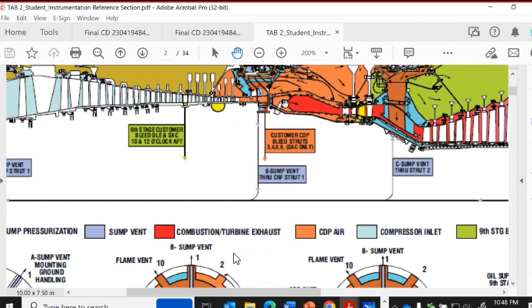I still have a controlled amount of pressure coming out of my high pressure compressor, and I have a specific amount of fuel that I will apply because I'm measuring the pressure here. I'm measuring how much pressure and the temperature of the air through here.